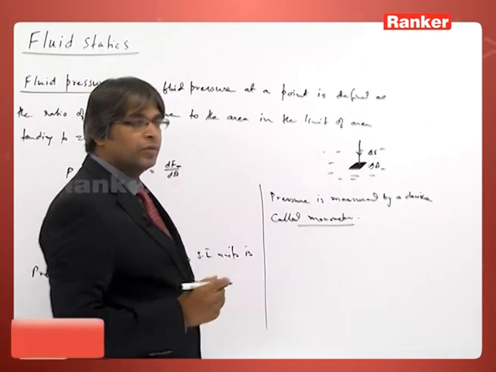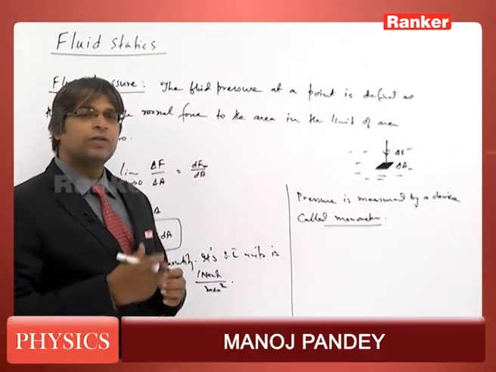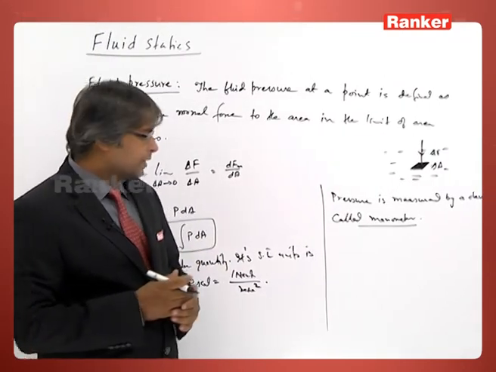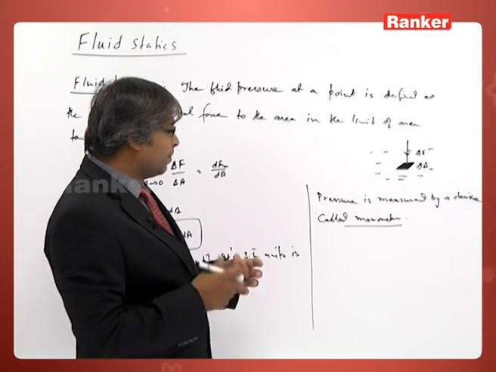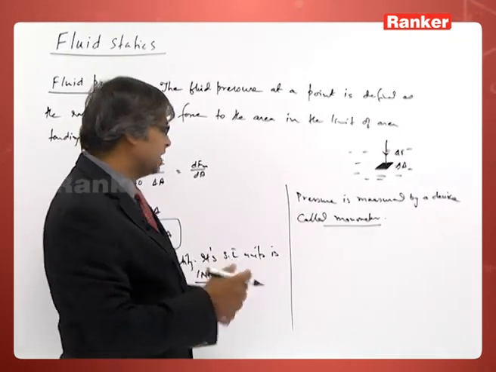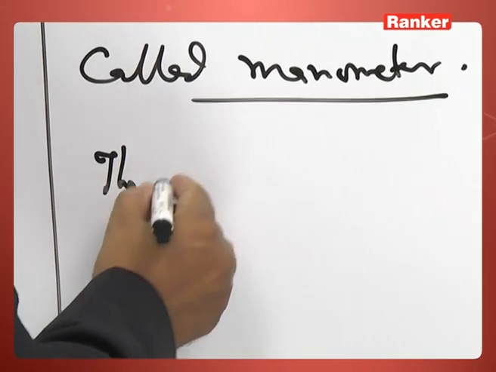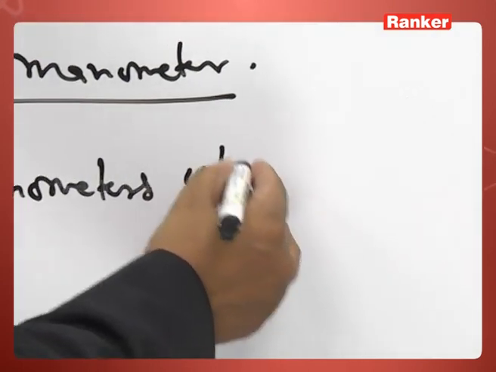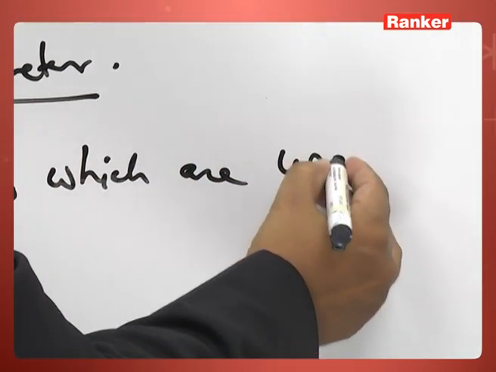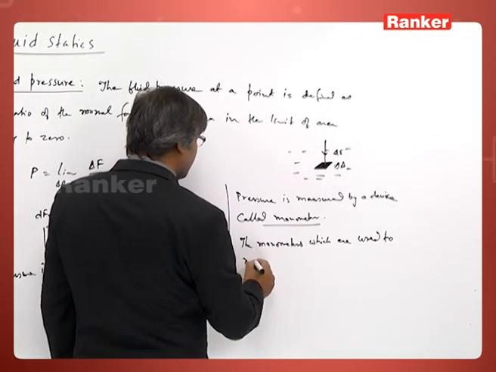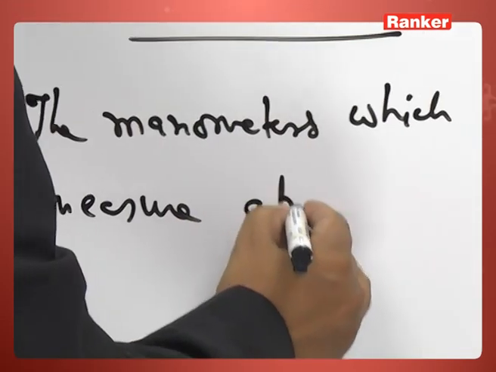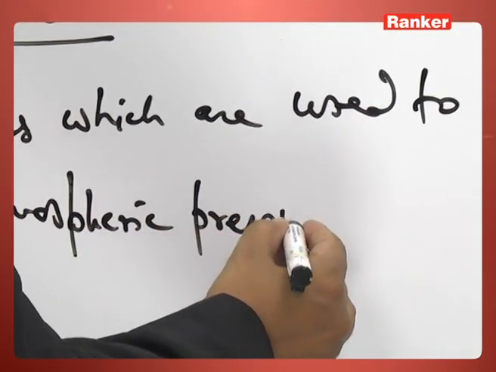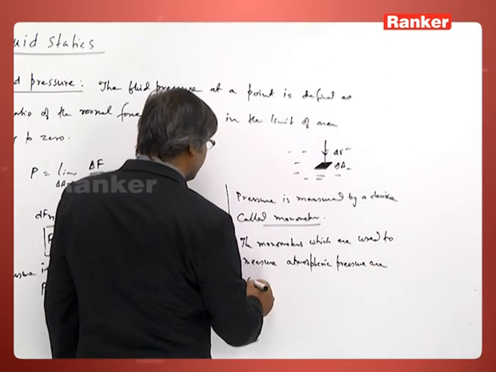So, in a manometer we use the height of a liquid column to measure the pressure of anything. The manometers which are used to measure atmospheric pressure are called barometers.